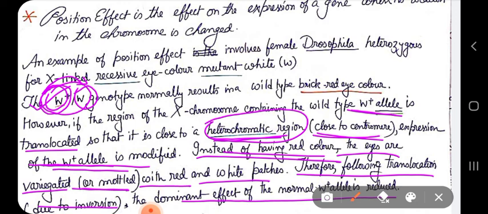Instead of red brick eye color, the eyes will be variegated or mottled with red and white patches. So, following the movement of the chromosome segment as a result of inversion, the dominant effect of the normal W plus allele is reduced.